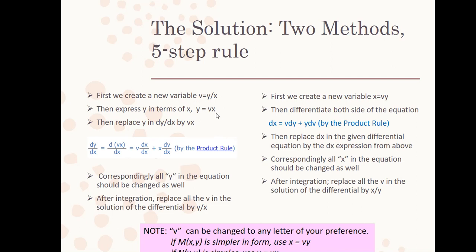So it's either x is equal to vy or y equal to vx, depending on which expression is simpler. The expression that I mean is the expression multiplied to the differentials x and y in your differential equation.